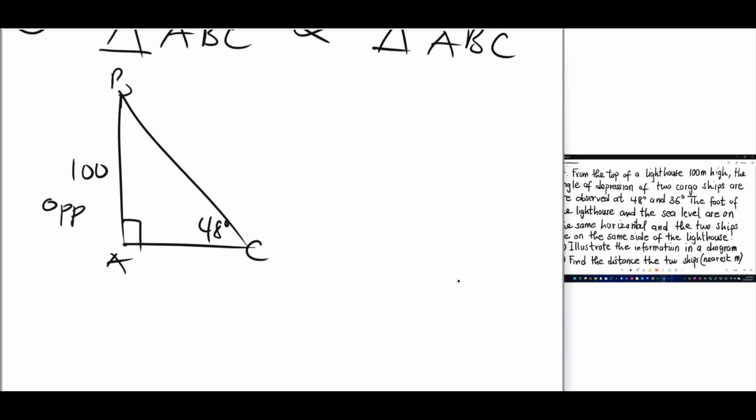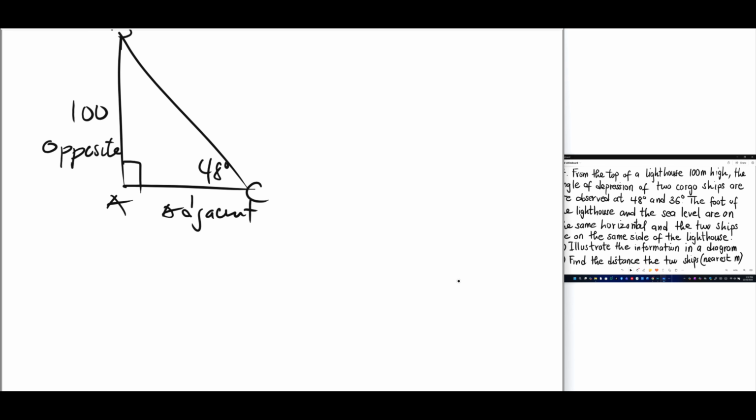So the height of the lighthouse is the opposite. Then AC becomes adjacent. The hypotenuse is always the longest side, and that's the side facing the right angle, the 90 degrees. So this is the hypotenuse. But we don't need the hypotenuse in this case. So we need to find the adjacent. So we have to identify the ratio that involves the adjacent and opposite.